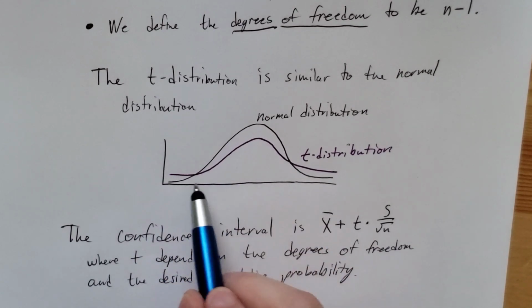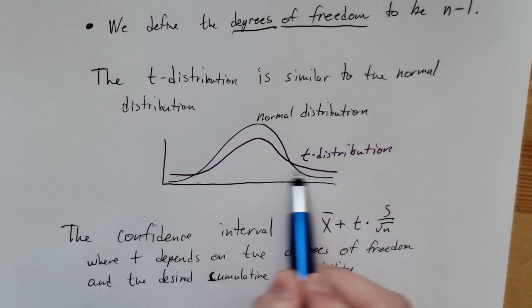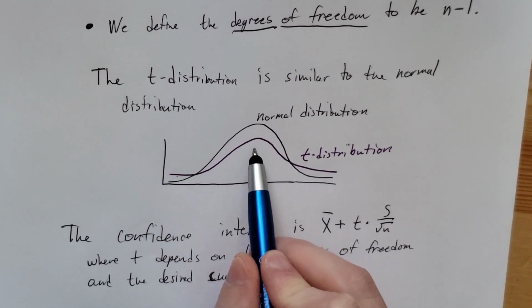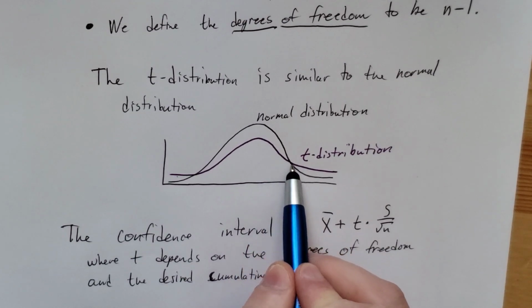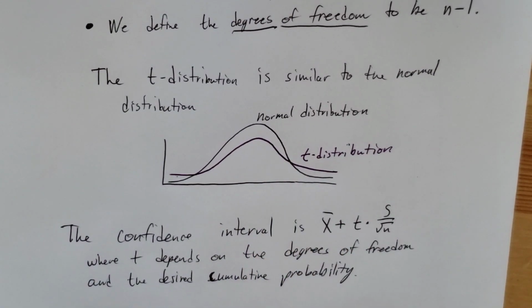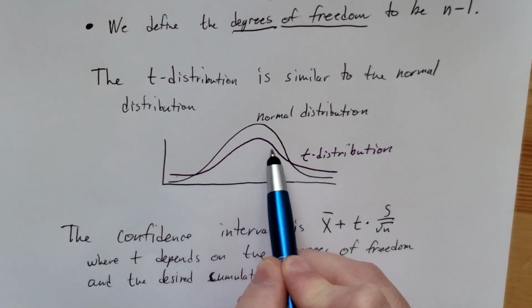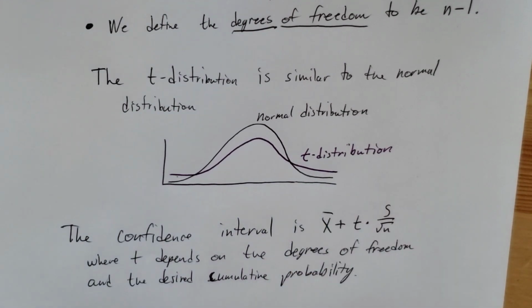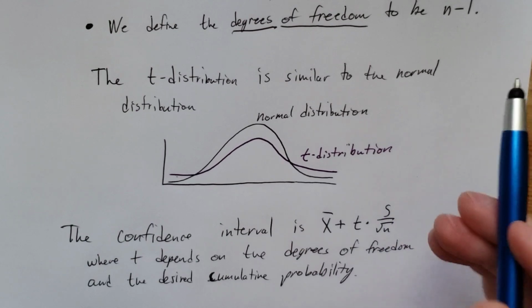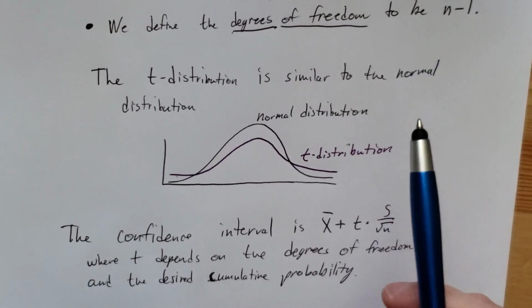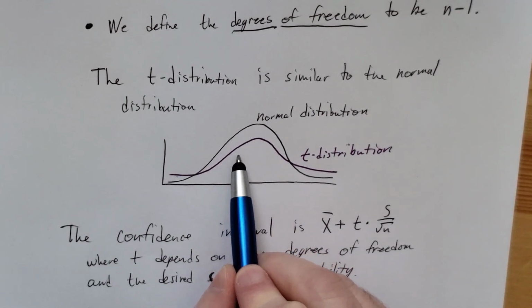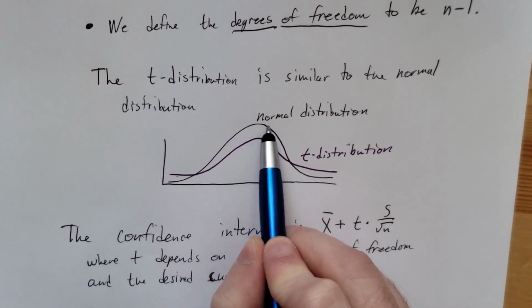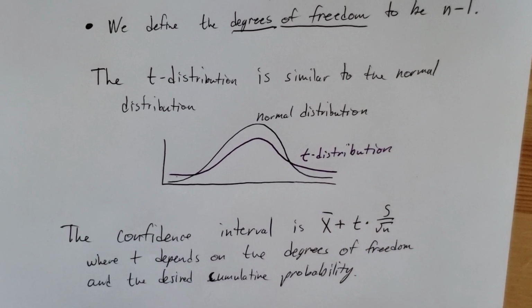The tails have more area under them, but the center has a little bit less area, so it's not quite as high. The higher the sample size, the closer this t distribution will approximate the normal distribution.